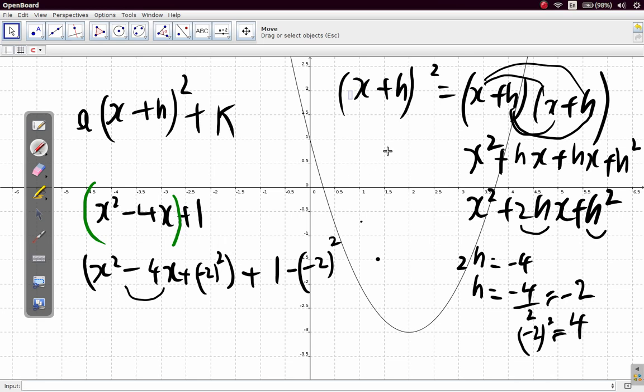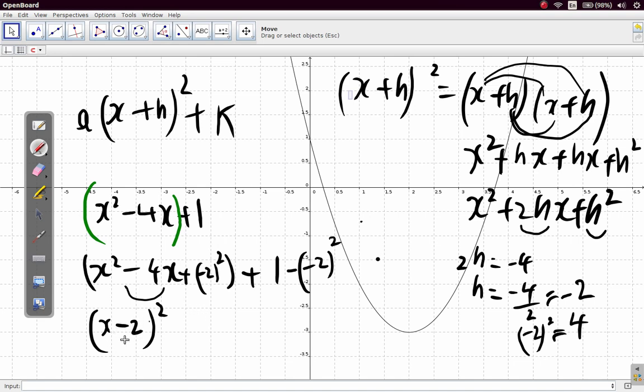This now can be written as (x plus h) squared. X squared plus 2hx plus h squared is the same as (x plus h) squared, and we have our h as negative 2. So this can be written as (x plus negative 2) squared, which we just rewrite as (x minus 2) squared.